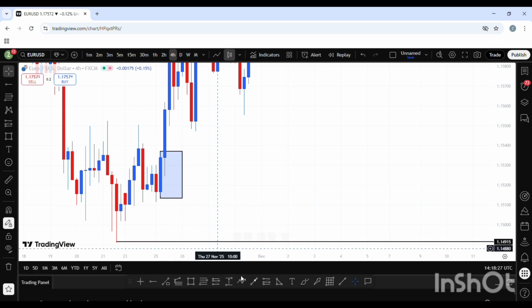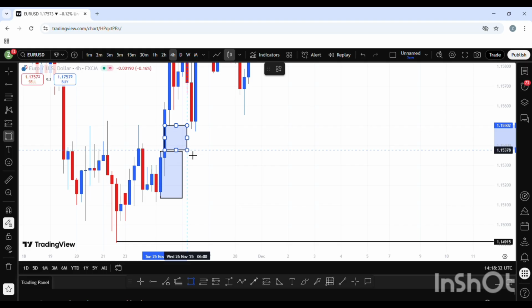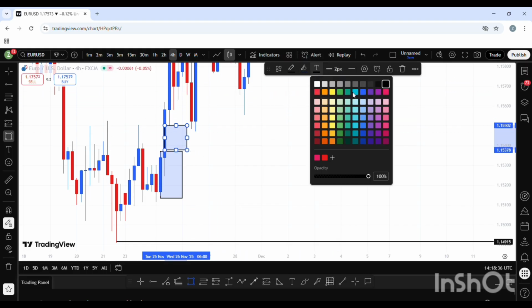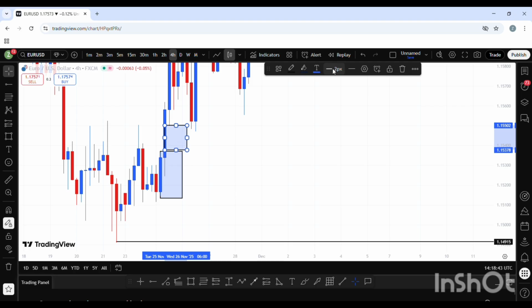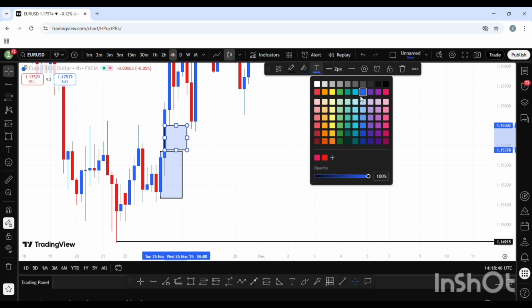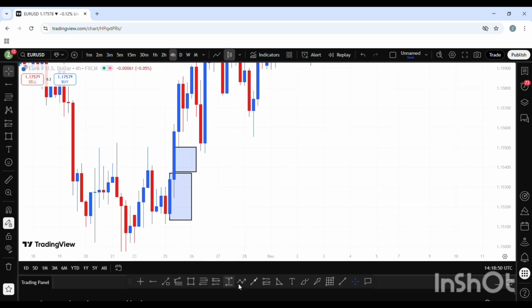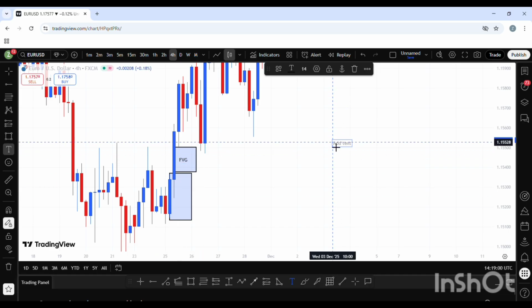Let me go back a little bit so that we have a couple to map. And this is the order block that we have. This is the FVG I was talking about. Whatever I am typing right now is the fair value gap. Remember, we said that for an order block to be valid, it must have a fair value gap.